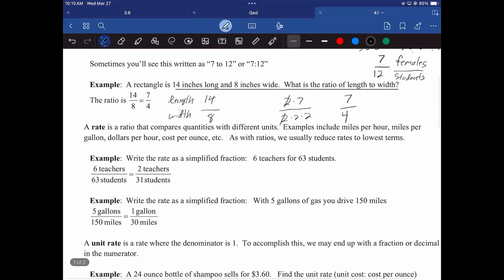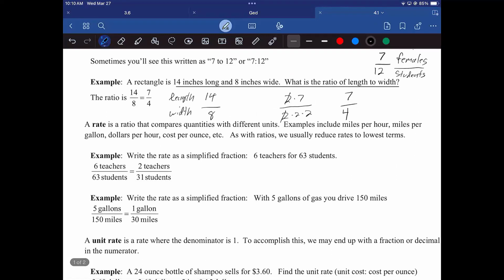All right, so on this we have for a field trip, we have 6 teachers with 63 students. So what's our student to teacher ratio? Well, we can say that's the same as 2 times 3 over 3 times 3 times 7. 7 times 9 is 63. Look at that. I think we found an error.